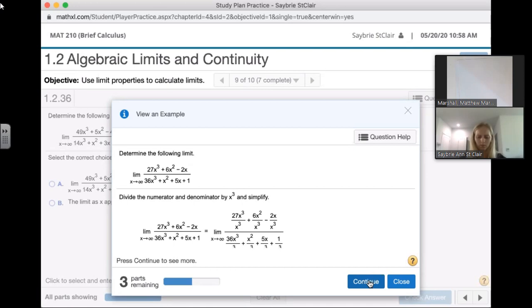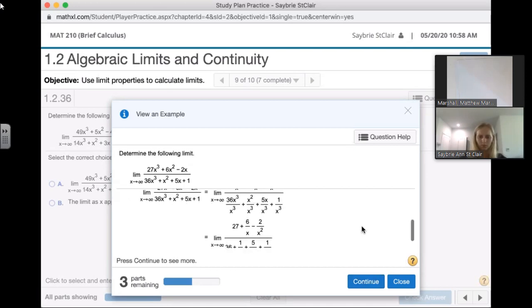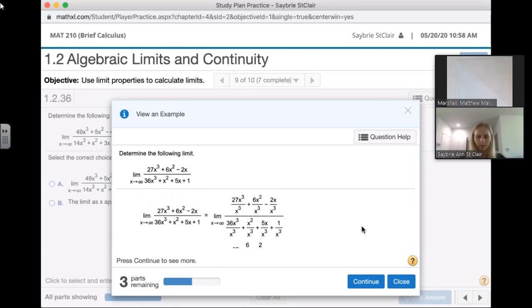Can you scroll down a little bit there? Does it let you? Holy crap, you see that? Oh my goodness. Can you scroll up a tiny bit? Right there, perfect. So they're really having you divide everything by x to the third. Alright. Okay, scroll down a tiny bit if you could.